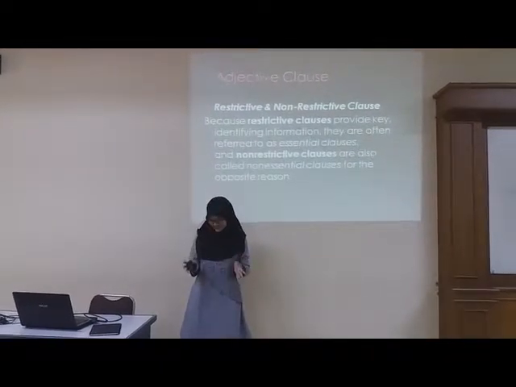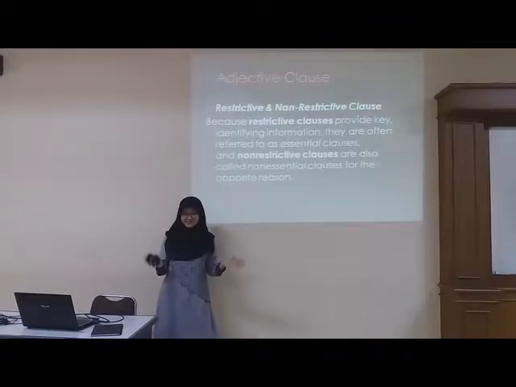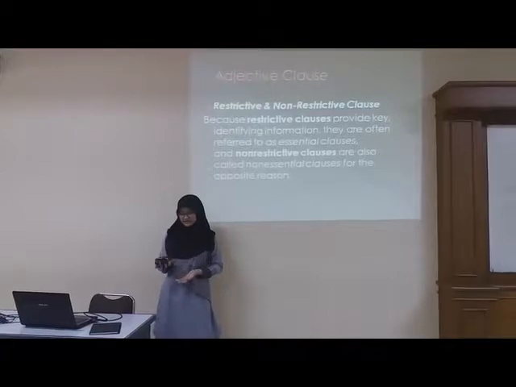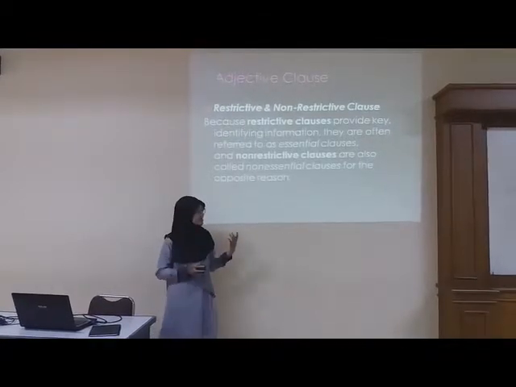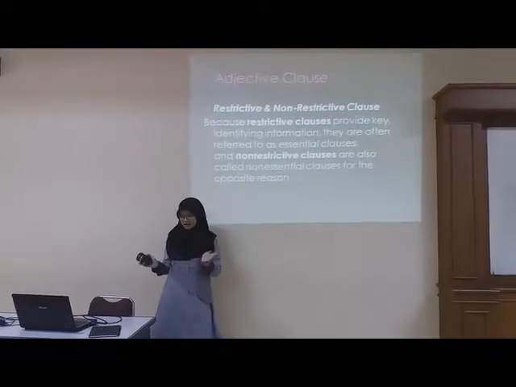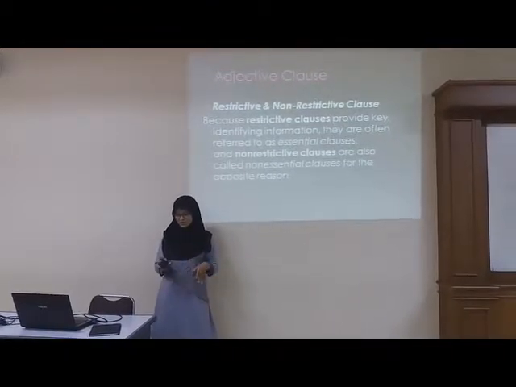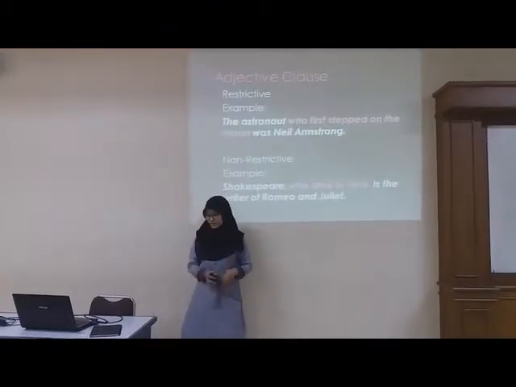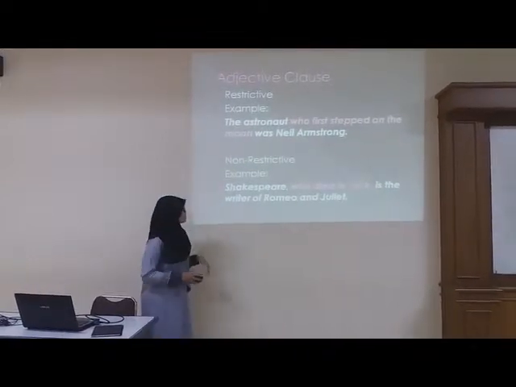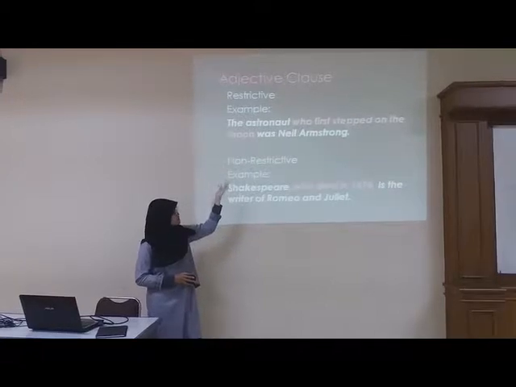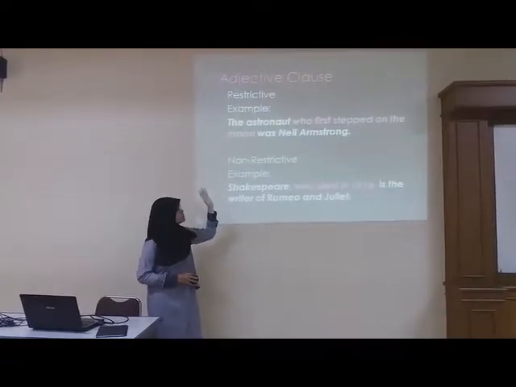Restrictive clause provides key and identifying information and is referred to as essential clauses, and non-restrictive clauses are also called non-essential clauses for the opposite reason. The example for restrictive clause is the astronaut who first stepped on the moon was Neil Armstrong.